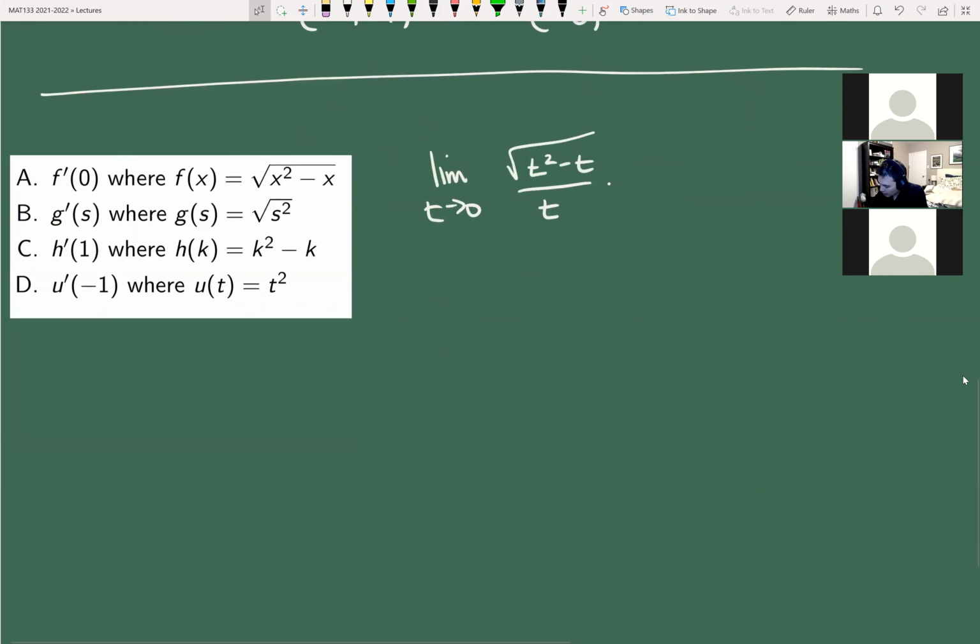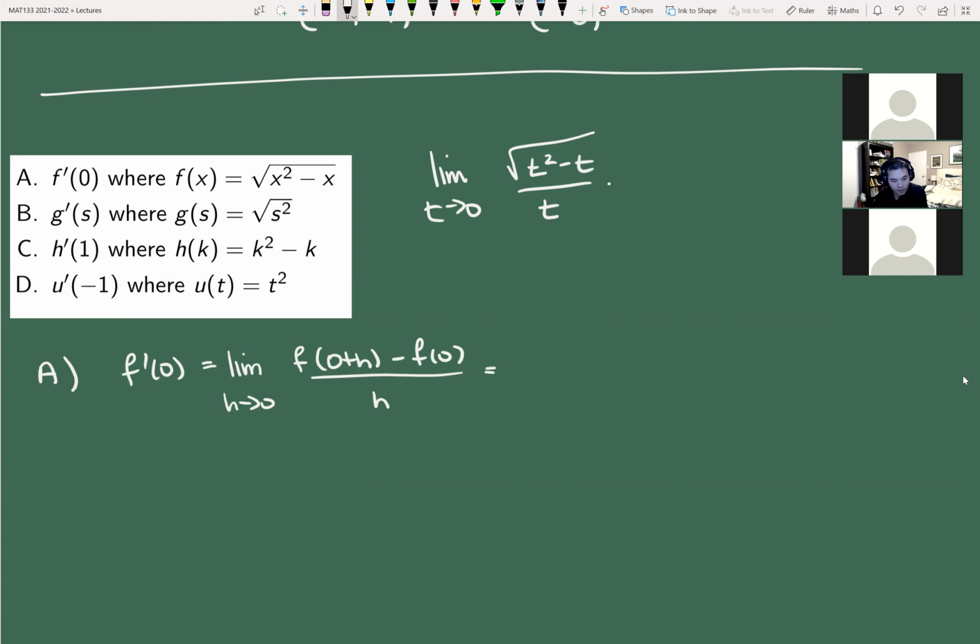So in the case of A, we have f prime of 0. And again, I would not suggest doing this, but I think there's a nice limit learning thing here. So it's the limit as h approaches 0, f of 0 plus h minus f of 0, all divided by h. Okay, and we're told what the function is, right?